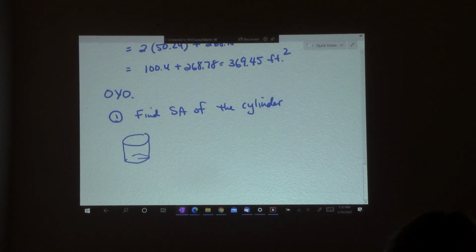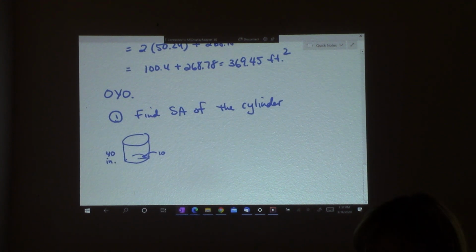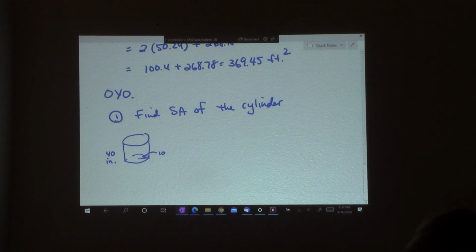I'll let you catch up. The radius here is 10, and the height is 40, and we'll call that inches this time. Okay, so go ahead and pause the video. I'll just give you a minute. I'm going to keep going, so you can pause it yourself and then turn it back on when you're ready.